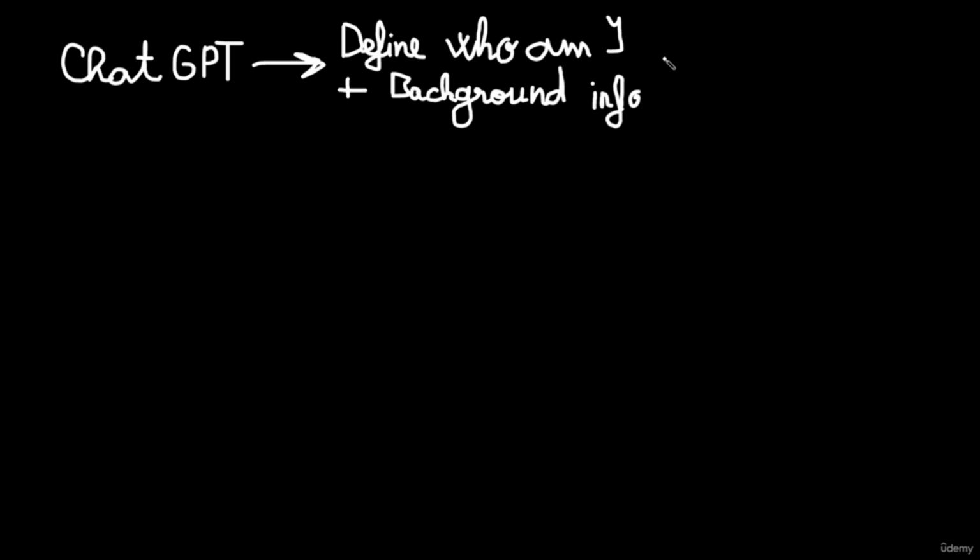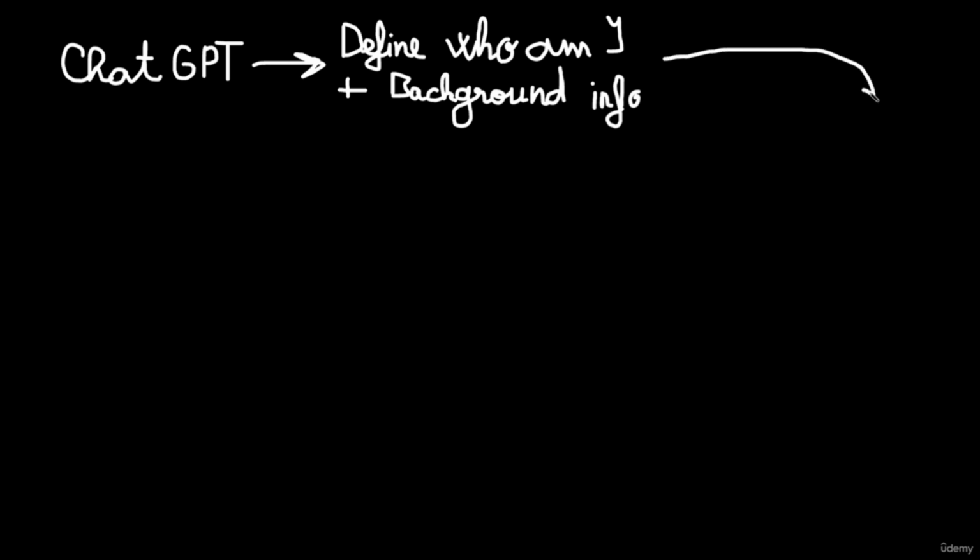So if the generation would in a way or another depend on your background, you should add some background information along with defining who you are in terms of what you want to get from ChatGPT. So when you chat with ChatGPT right now, who are you? Are you a writer? Are you a proofreader? Are you a student? Define who you are in this specific context.